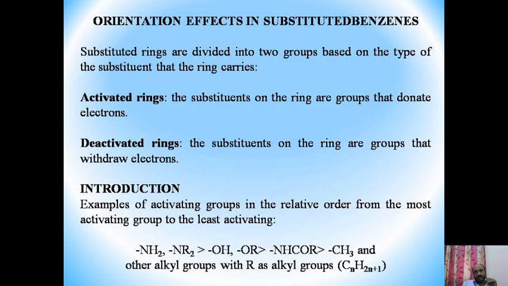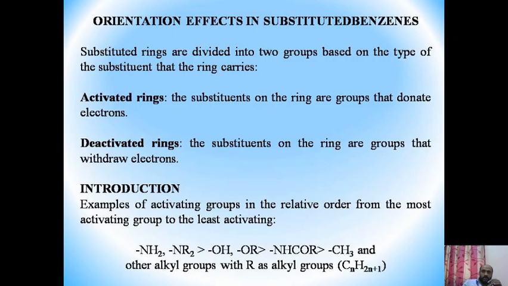First one, activated rings. The substituents on the ring are groups that donate electrons. And then deactivated rings, where the substituents on the ring are groups that withdraw the electron.